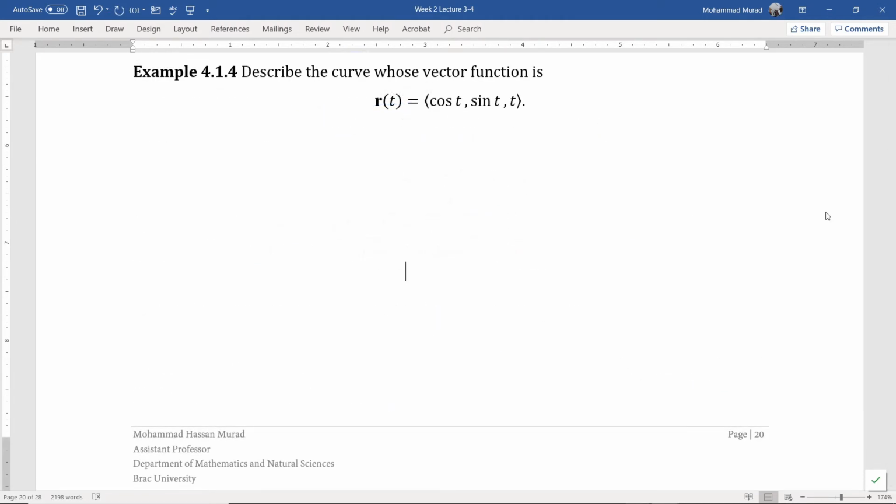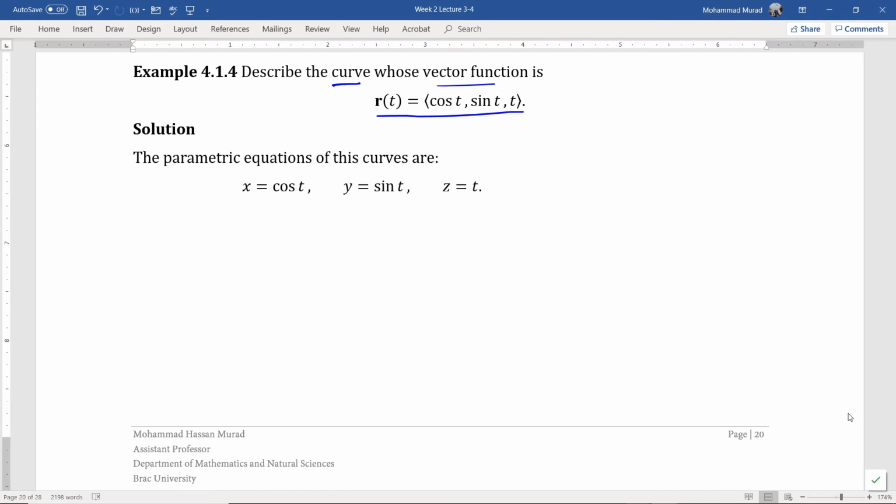Let's have a look at another example. Describe the curve whose vector function is given by this, whose first component is cosine of t, the second component is sine of t, and the third component is just t. The parametric equations of this curve are x equals cosine of t, y equals sine of t, and z equals t.